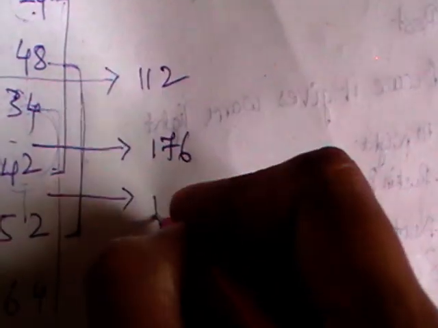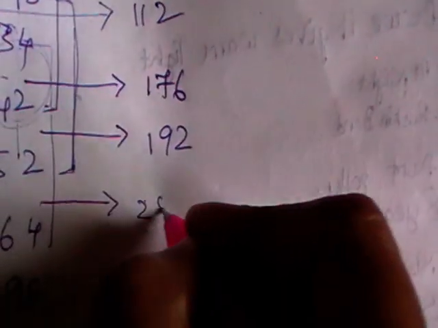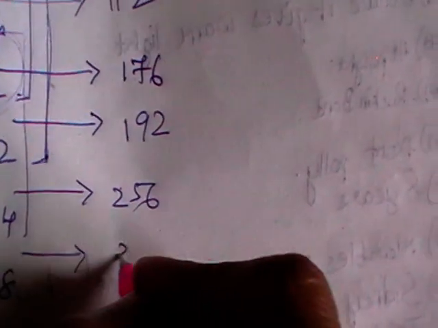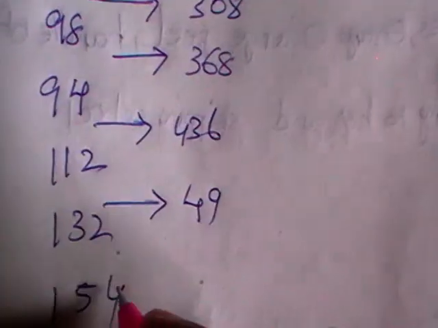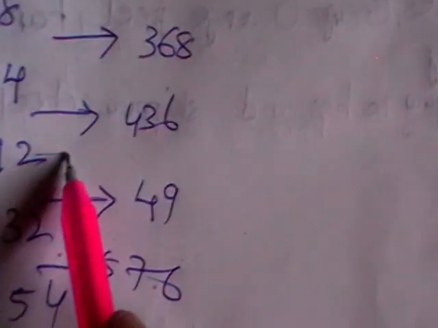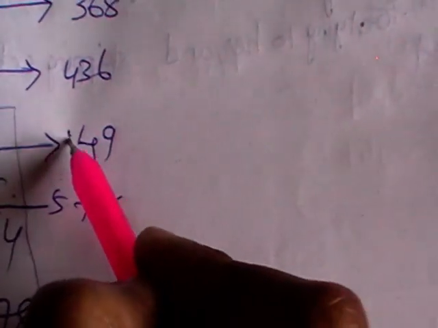Repeat for all the observations, and you will get the totals in this way, down to the last observation.